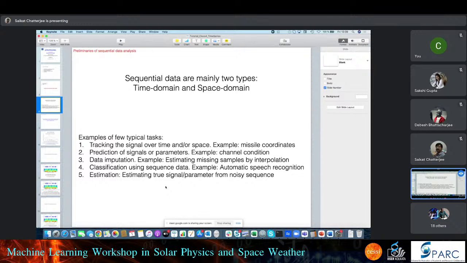So you can see that on the left side I have written these general inference problems: tracking, prediction, data imputation, classification, estimation. In the machine learning field or statistical signal processing field, there are something like 5 or 6 standard inference tasks, and most of your practical problems will fit in those scenarios.